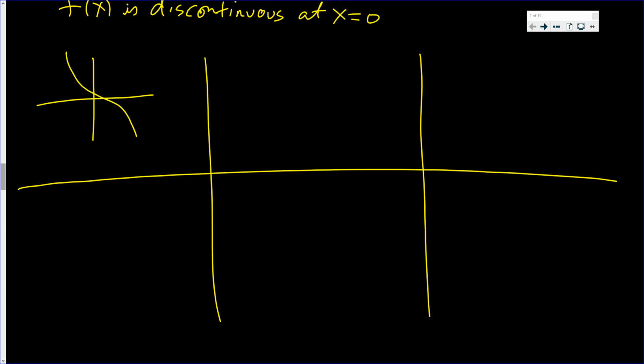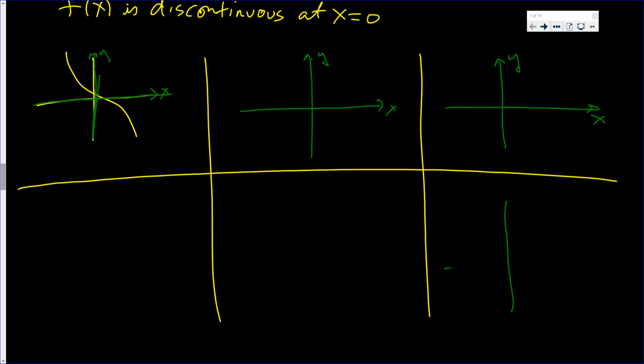Suppose you have this graph. Let me draw the axes in a different color. Of course, x and y. So the axes, as I'm sure you know, maybe you never thought about it, but they're not part of the graph.